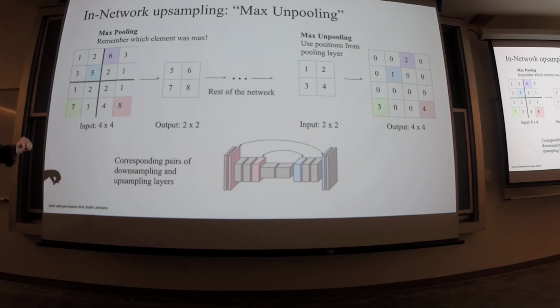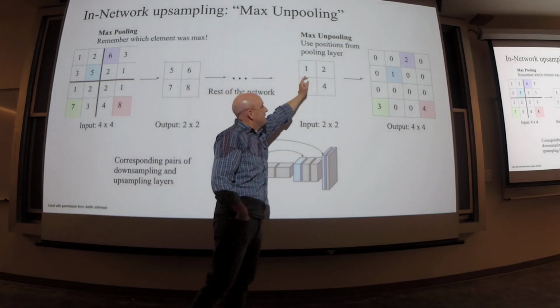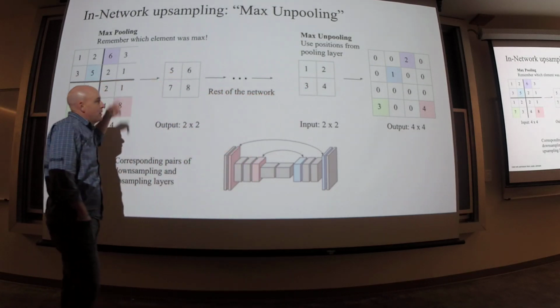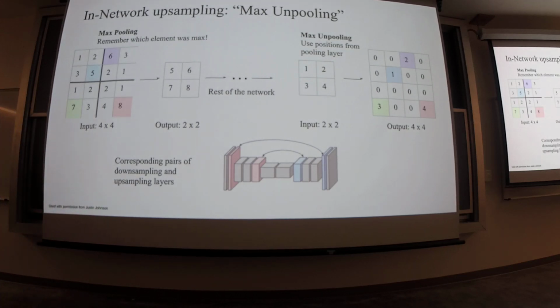And then when you unpool, you take that number and you put it into the corresponding spot. This has better behavior than bed of nails and nearest neighbor, and is totally valid to do. Why might this be better than say the bed of nails?